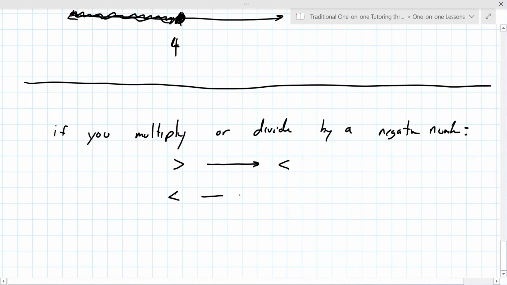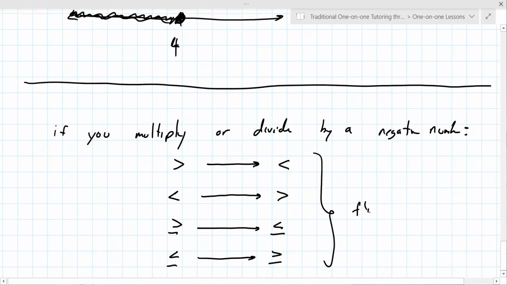Less than goes to greater than. Greater than or equal to goes to less than or equal to. Less than or equal to goes to greater than or equal to. So essentially you flip, or switch, whatever word you like, the inequality.